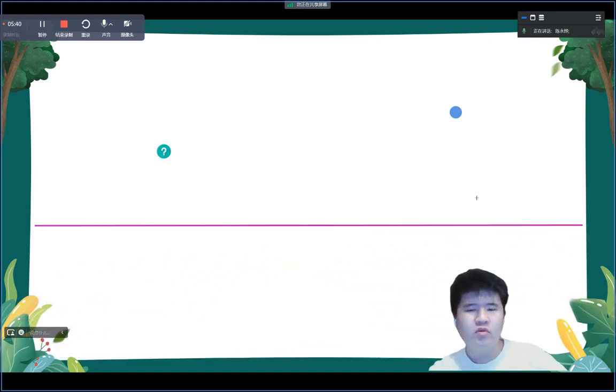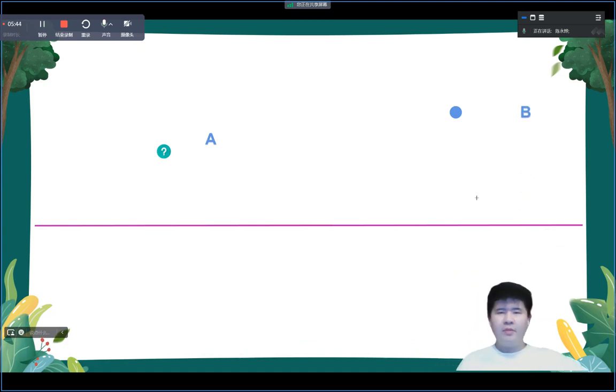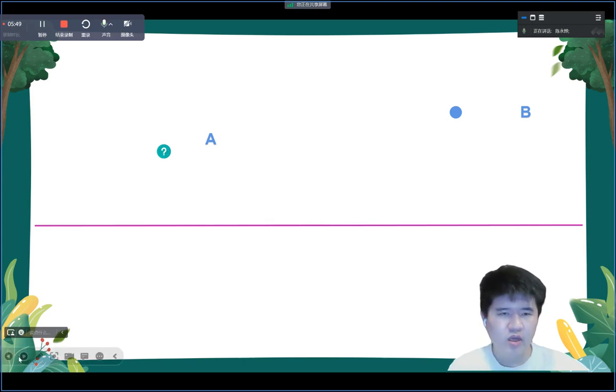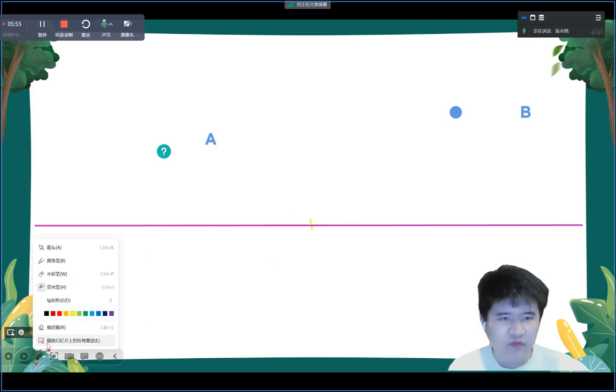Now we let the general become point A and the camp become point B. It just means we're going to find a point C such that AC plus BC is the shortest.